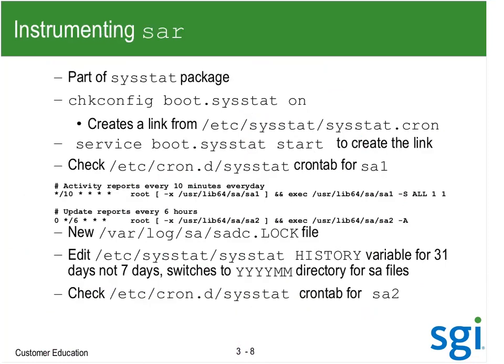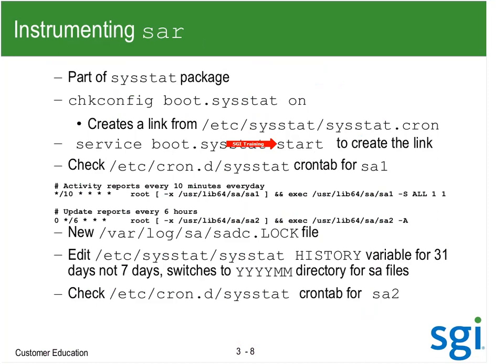So, SAR is part of the systat package. There is a boot.systat flag and a service to start it. It's going to create a link from the systat.cron file, and the boot systat start is what creates the link for the cron event. By the way, I need to warn you, partitioning.